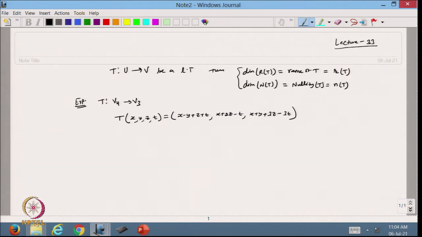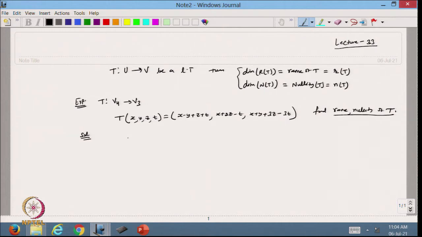That it is linear, we already know. Now we need to find the rank and nullity of T. Now from here I know that the range space is made up of this type of elements.